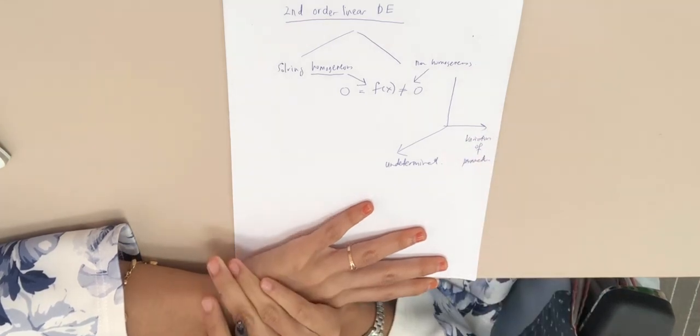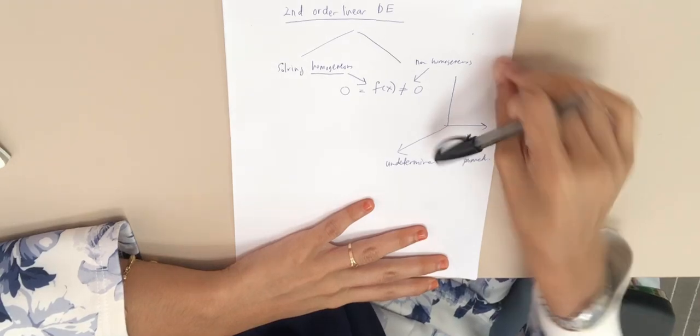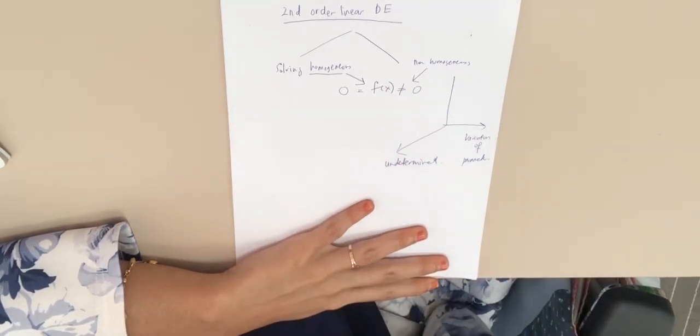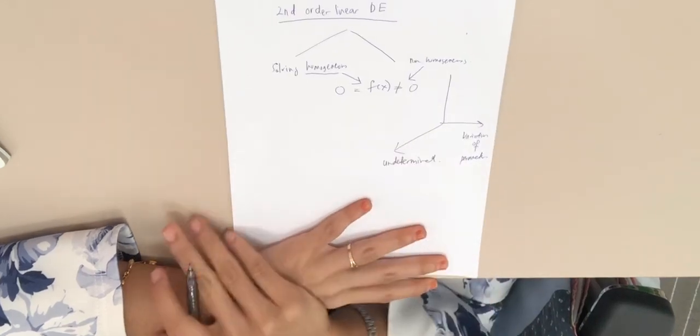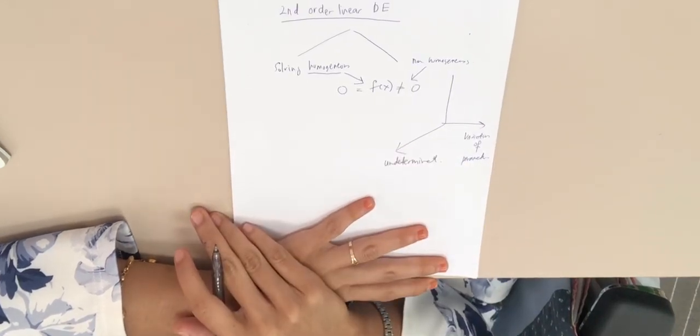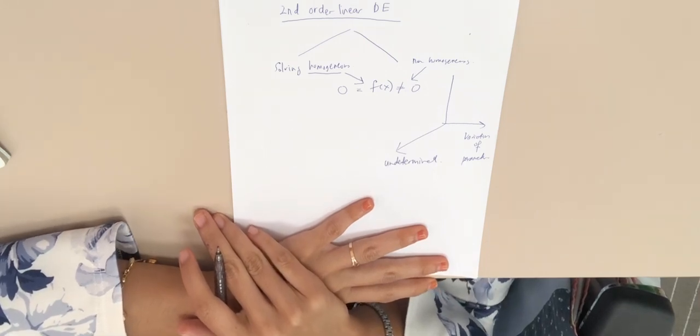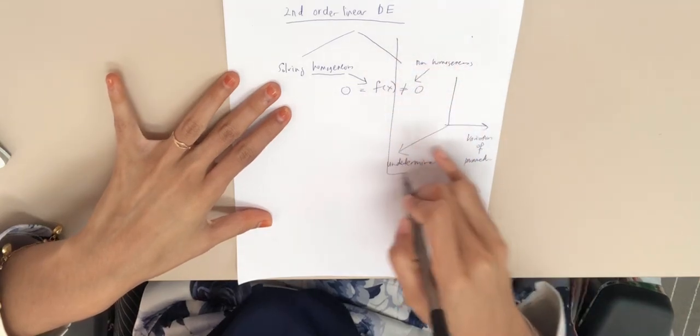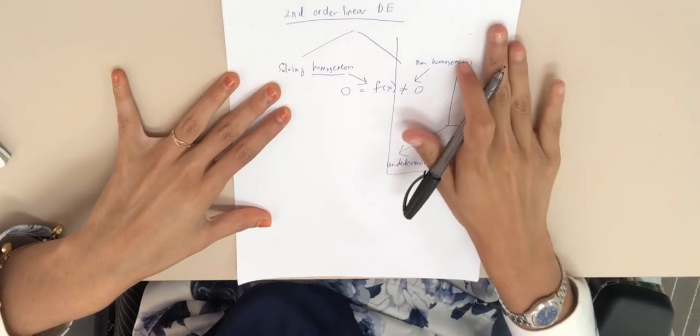So there are two methods to solve non-homogeneous, and for homogeneous only one. In this video, for this week's topic, I will explain how to solve the homogeneous equation. The non-homogeneous equation I will explain in the next video.